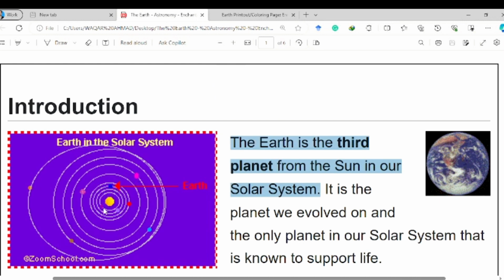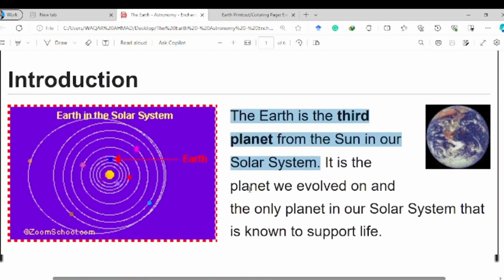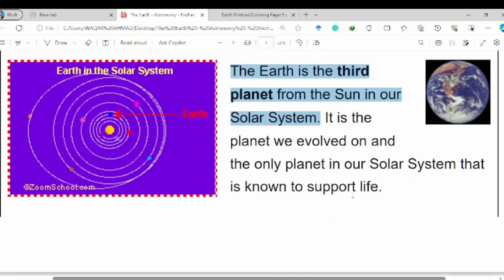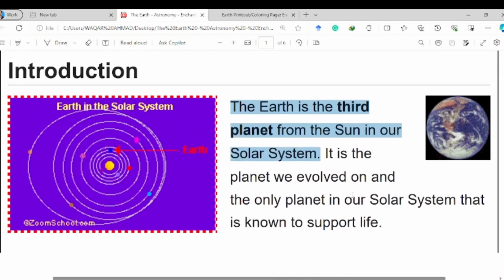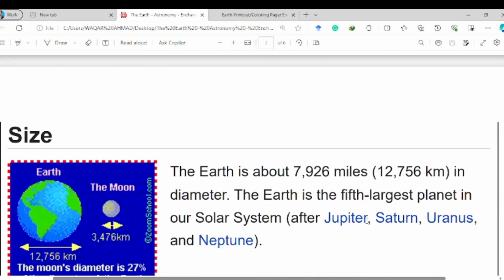We have Mercury, then Venus, and then the Earth, and it is the planet we evolve on, and the only planet in our solar system that is known to support life. That is one of the major properties of the Earth, the only planet where life exists. And why life exists, we will discover later on.